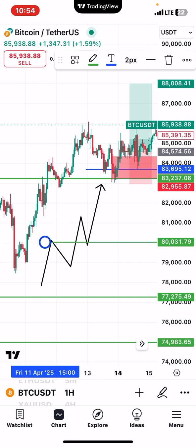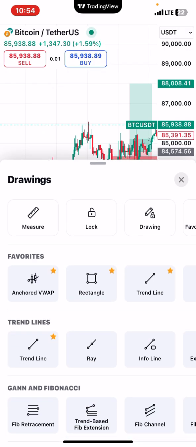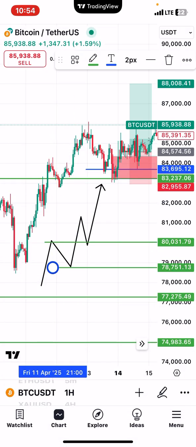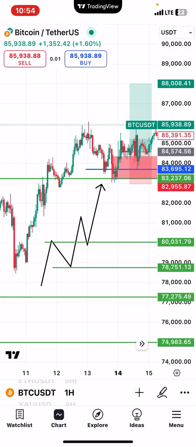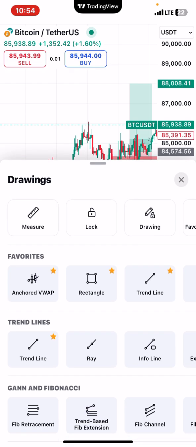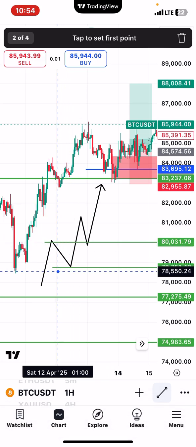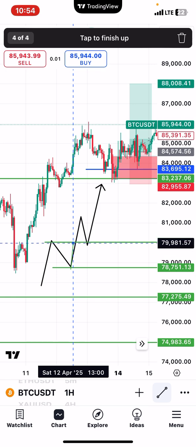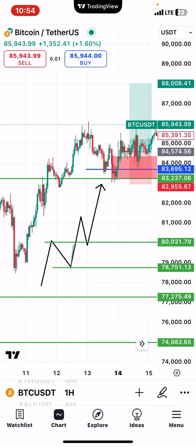Here we have our resistance, and here is your support. Price has broken out from this zone to this zone, right? Let me mark it.